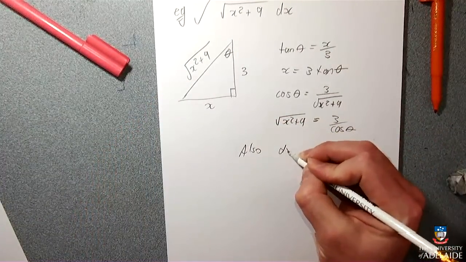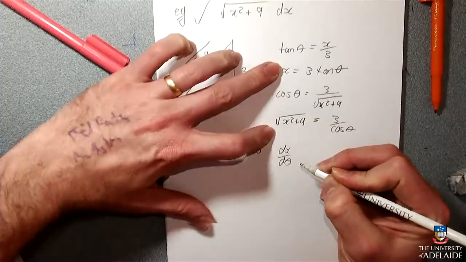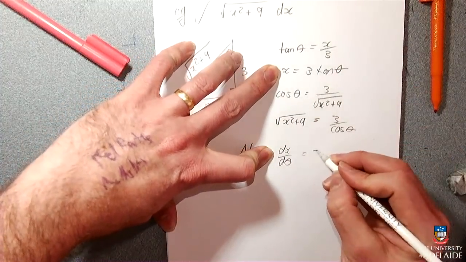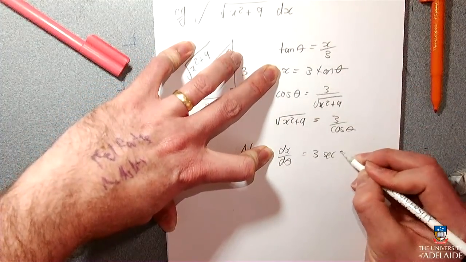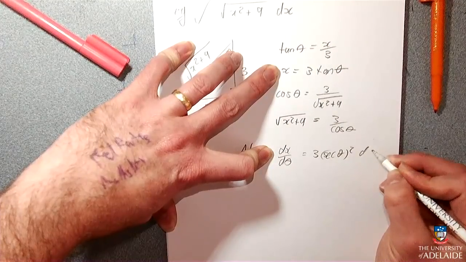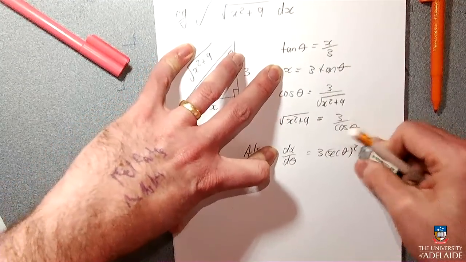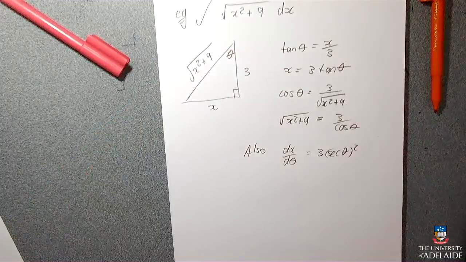Okay, so dx on d theta from here would be 3, and the derivative of tan is sec squared. Oh crap, it's going to turn to utter crap. I'm so sorry. This was bad, this one. Sorry.